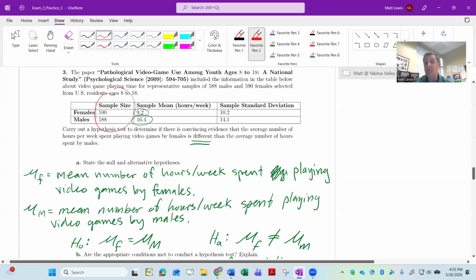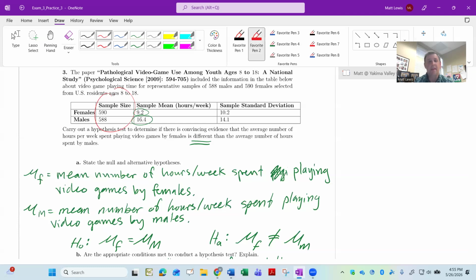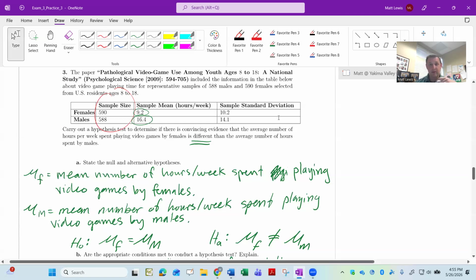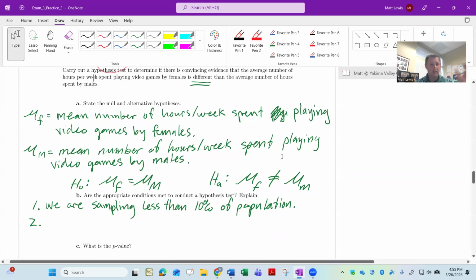So my guess is there probably is a pretty strong skew in the amount of time spent playing video games, right? Probably a pretty severe skew to the right for people who play just a ton. There's not many of them, but people who play a ton may be way far away from the bulk of people.